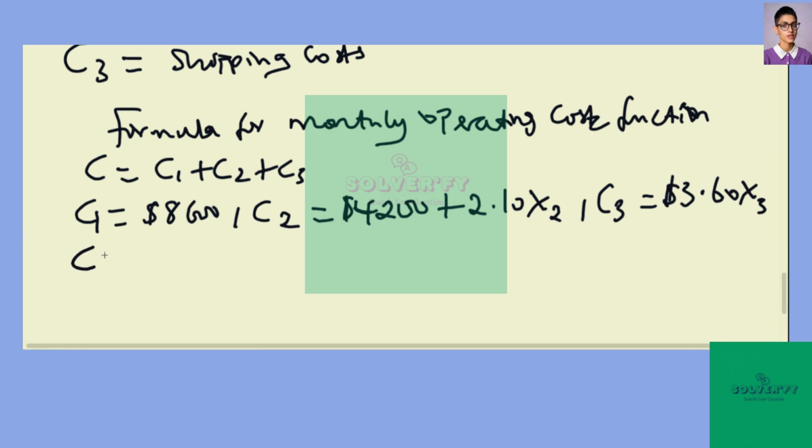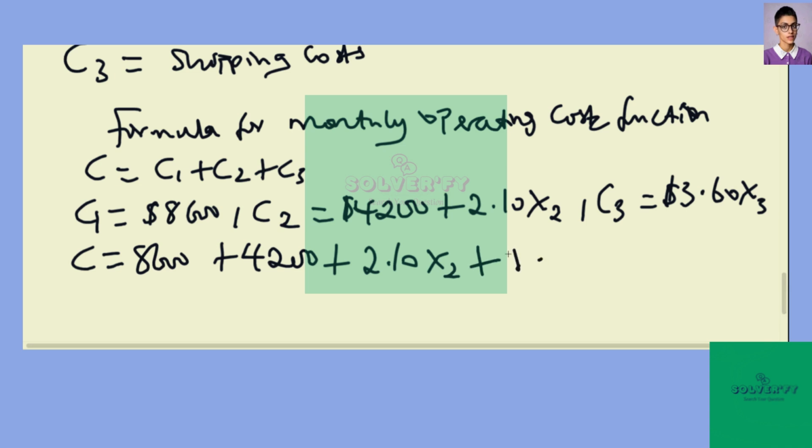So C is going to be equal to 8,600 plus 4,200 plus 2.10x2 plus 3.60x3.